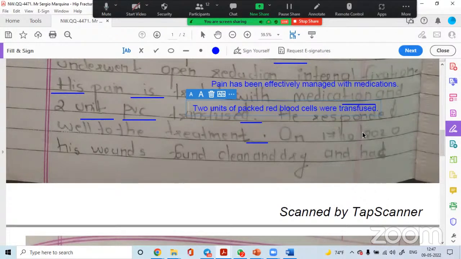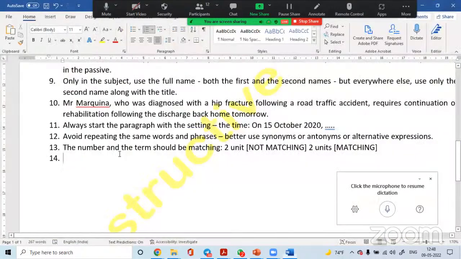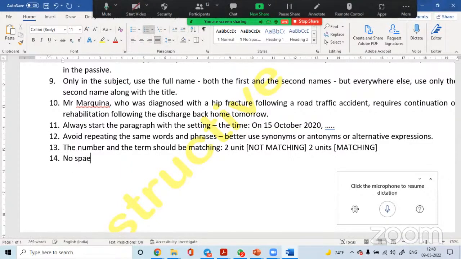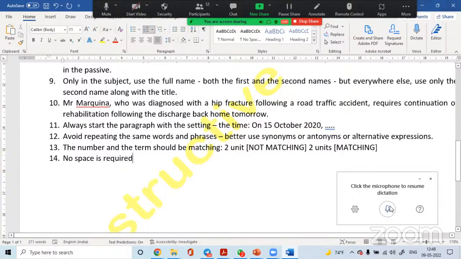He responded well to the treatment. Okay, unnecessary space before comma. No space is required before a comma.